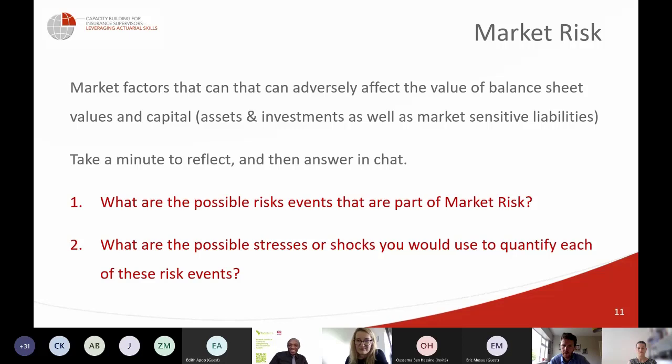Chesney from South Africa, and then I'll also be able to address Adriana's question. Thanks, Elias. I'm not sure whether I'll be able to answer this one, because I'm sure you're fully aware that in South Africa we've implemented the Twin Peaks model of supervision. The supervisor that deals with the pricing and the premiums is actually the Financial Sector Conduct Authority, although they can't do that without consulting with us as the prudential regulator.